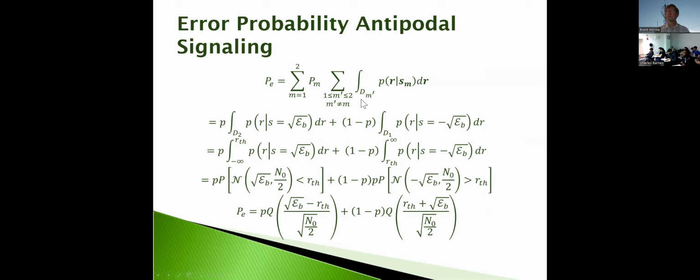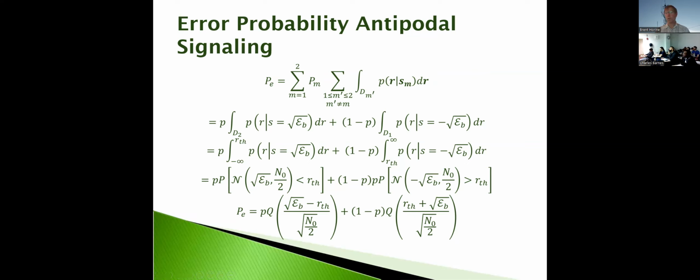But this is describing over that overall area, right? So we're integrating this probability density function of R conditioned on what M was actually sent. So this is the error, right? That we're going to have an R that lies in the wrong decision area.